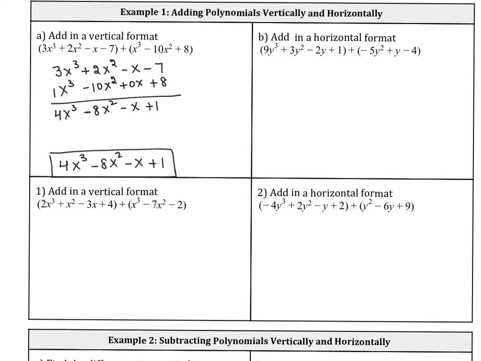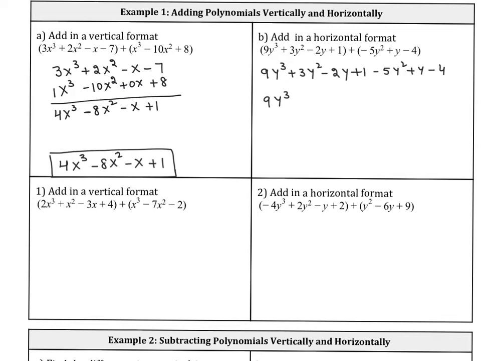to the lowest exponent. Letter B, we are going to add these two polynomials horizontally, and you're going to add the two like terms. If you find any like terms, then you're going to combine them. So in this case, I didn't find any like term for 9y cubed, so I would keep the 9y cubed as is.